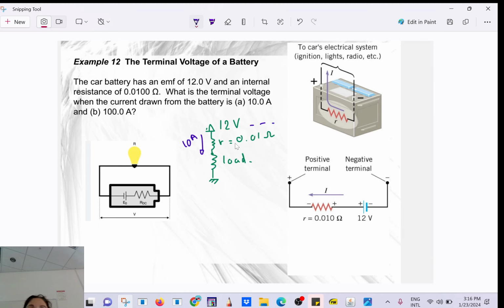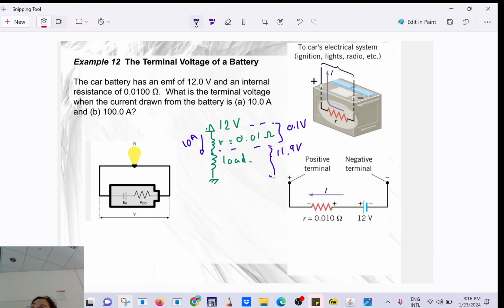So what's going to be the voltage drop across that load here? No, it's not a load, the internal resistance. What's going to be the voltage drop? 0.1. Very good. So how much is left for the load? 11.9.